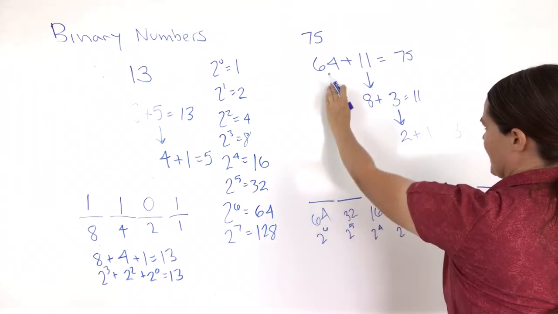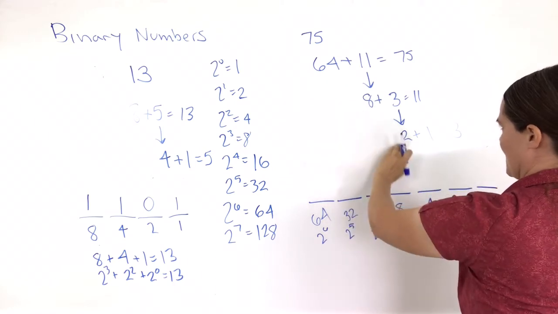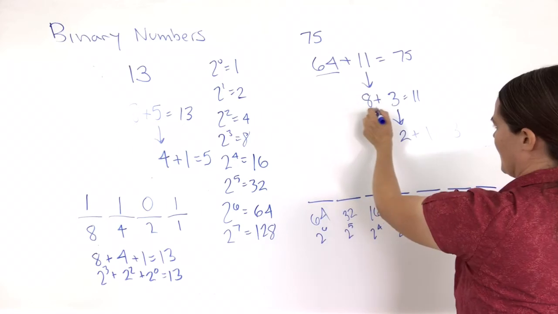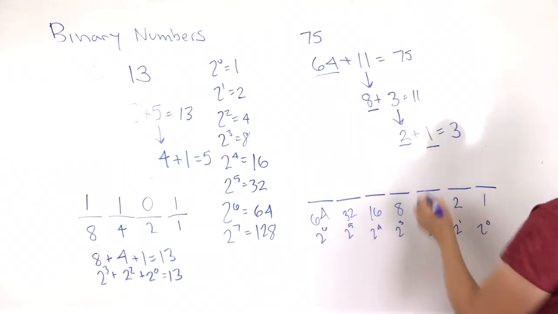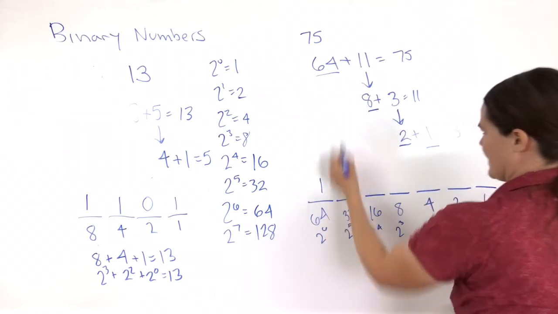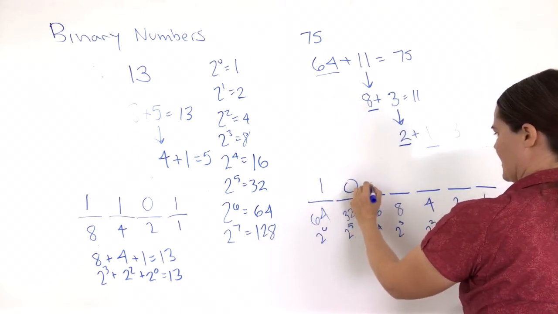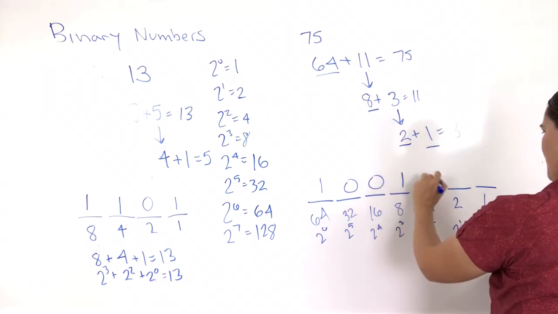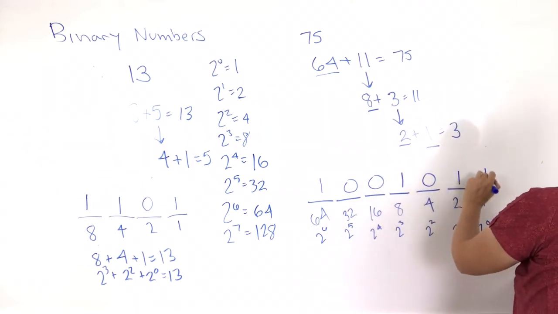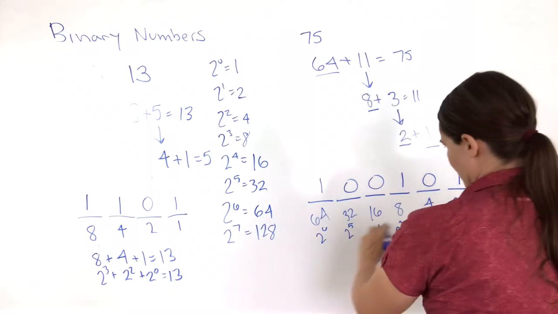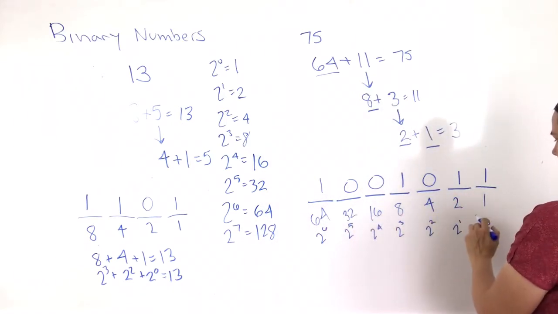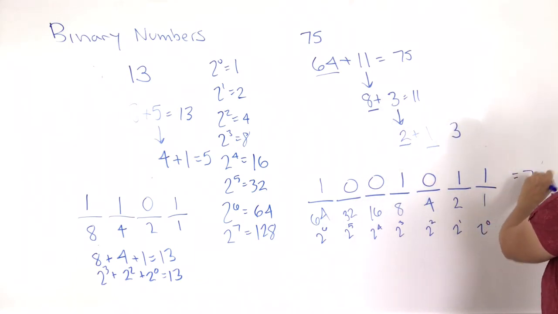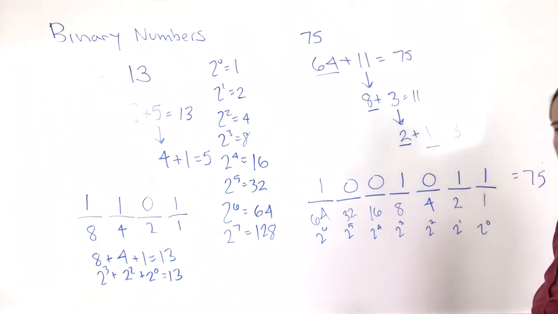So all I need to do now is fill in which numbers I used to get 75. I have a 64, I have an 8, I have a 2, and I have a 1. So I want to put 1 in the 64 spot. I don't have a 32, I don't have a 16, I have an 8, I don't have a 4, I have a 2, and I have a 1. So if you sum these, 64 plus 8 plus 2 plus 1 is equal to 75. So this number is equal to 75 in binary.